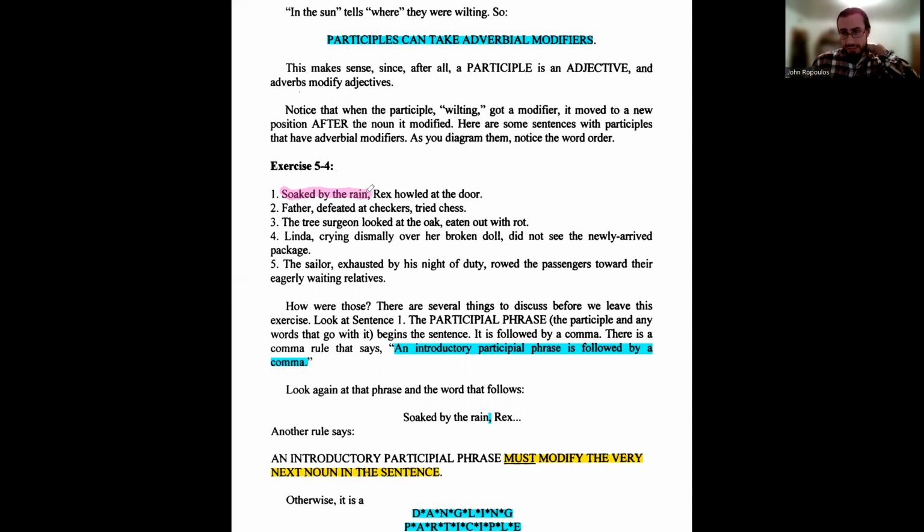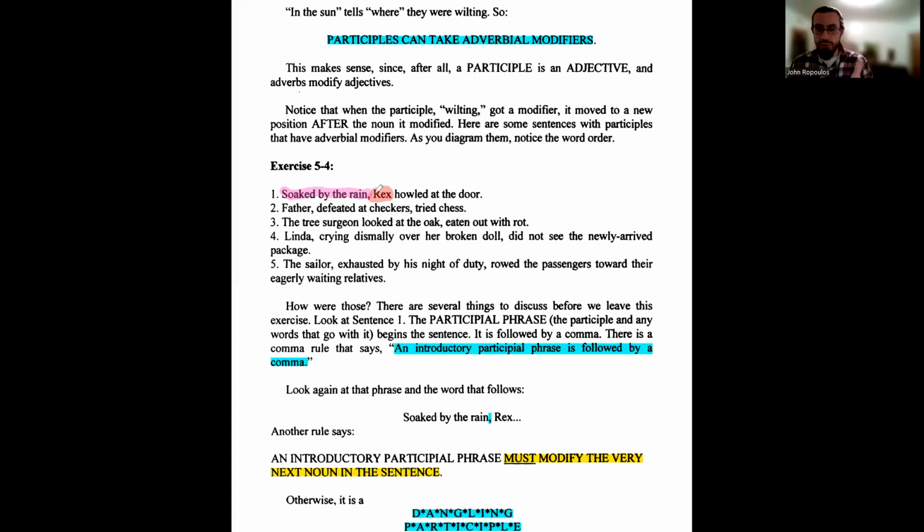Now, if you look at that sentence, soaked by the rain, what is soaked by the rain? Because participles are adjectives. Soaked by the rain, what is that modifying? Ask yourself, who is soaked by the rain? And that's Rex. So Rex is the noun that is modified by the participial phrase.